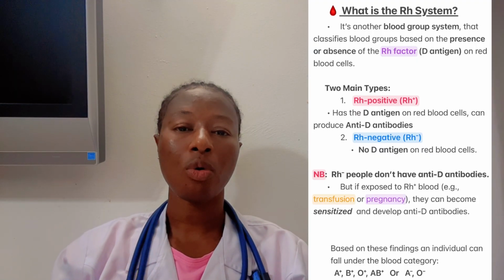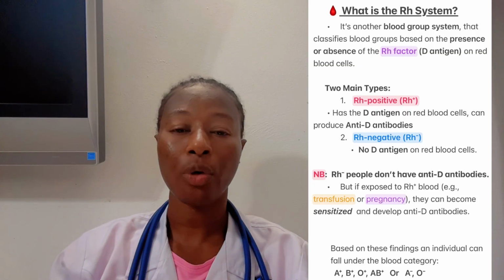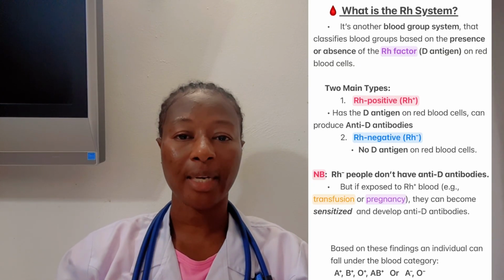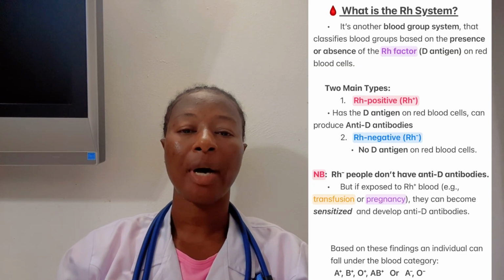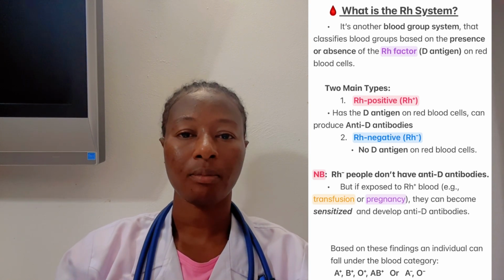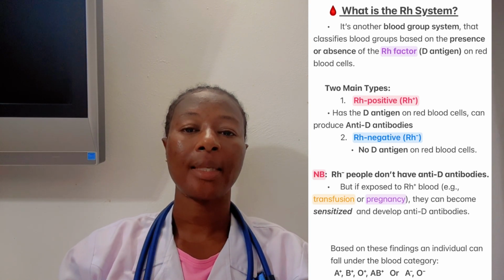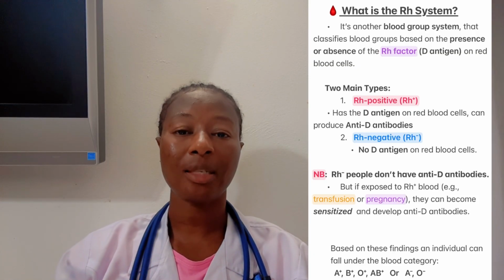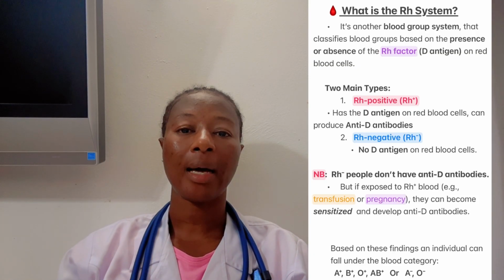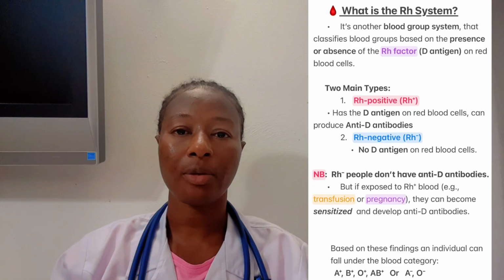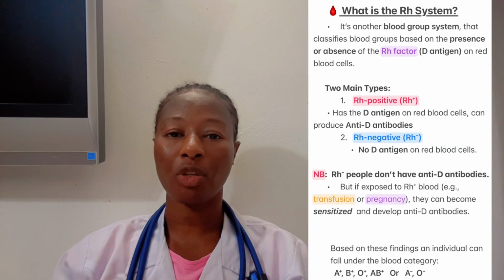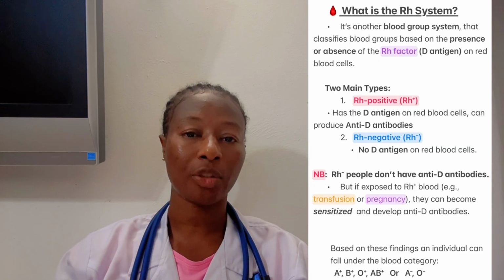Note that people who are Rh negative don't have anti-D antibodies in their blood system, but when they get exposed, either through blood transfusion or pregnancy, they can develop anti-D antibodies in their system. And this is a very serious reaction that will take place in a subsequent pregnancy or during blood transfusion.